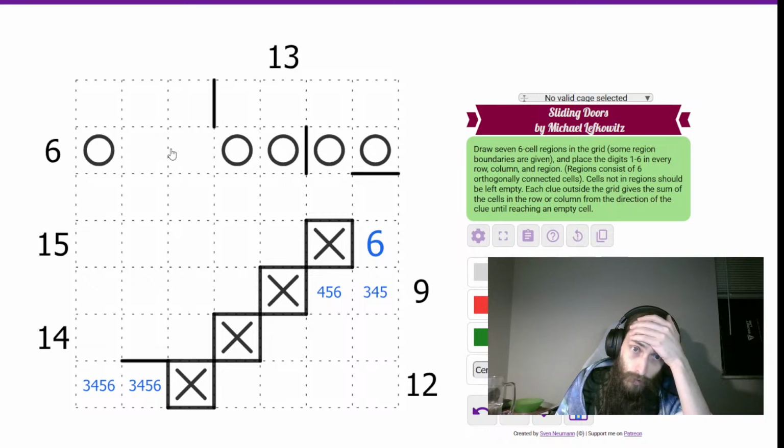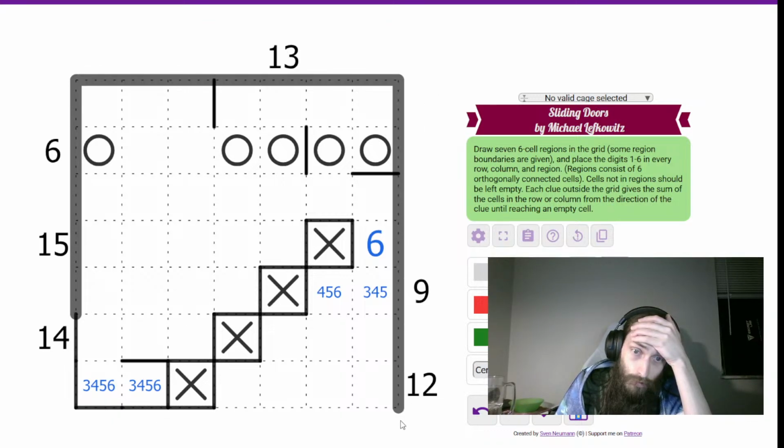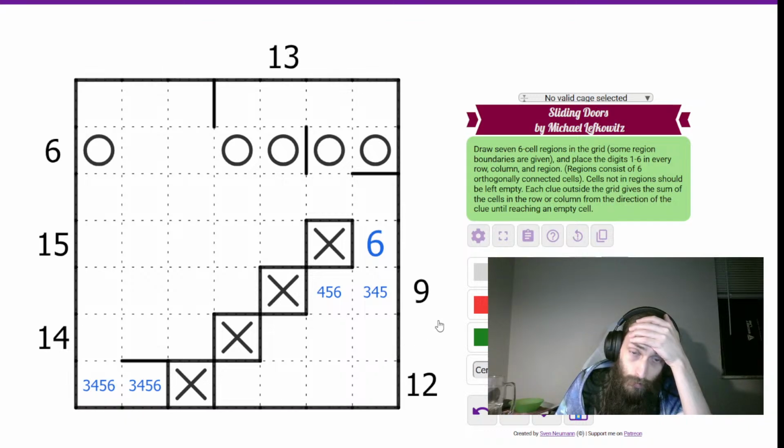Just going to keep it for the 6 for the moment. Guess I should draw a line all the way around. But consider where the empty cells are, what columns the empty cells are left in relation to row 2.